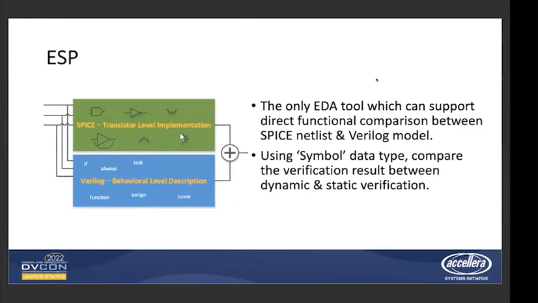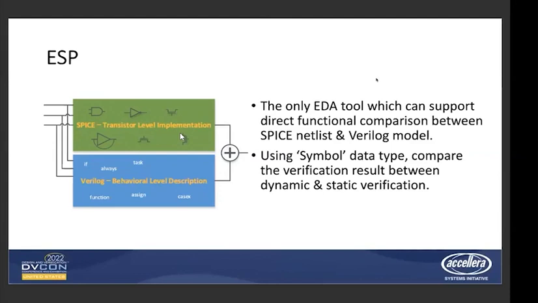So to overcome this runtime limitation, Synopsys provides a mixed signal functional verification tool, their own verification EDA tool, called ESP. ESP supports functional verification for a limited number of mixed signal IPs, such as SRAM, ROM, and CAM.